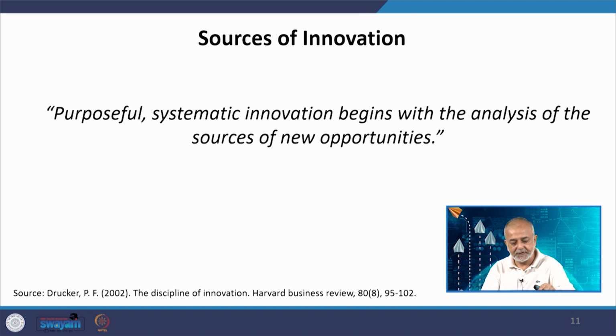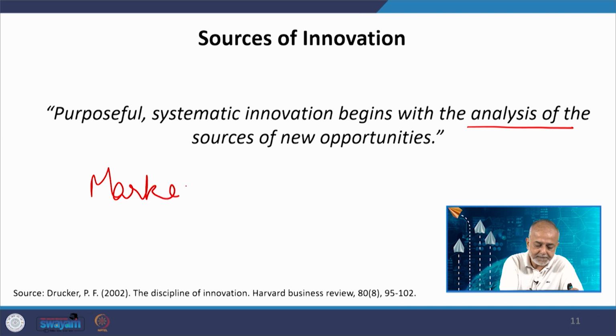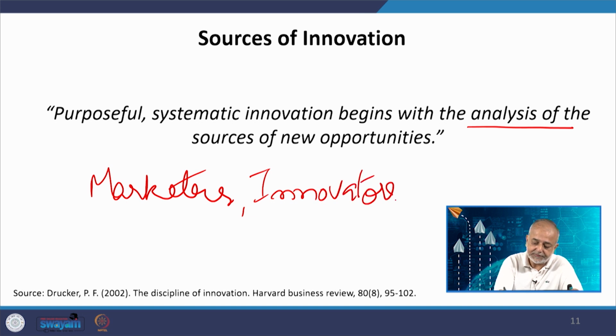We would be referring to that context as far as the enumerated sources go, and Drucker contributes there. But here beforehand my submission is that if you are talking of the analysis of the sources of new opportunities, then marketers, innovators and especially inventors.